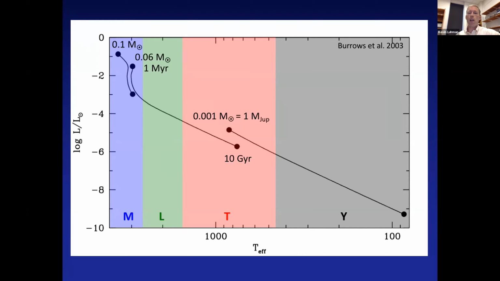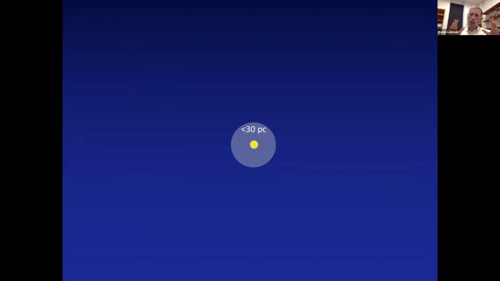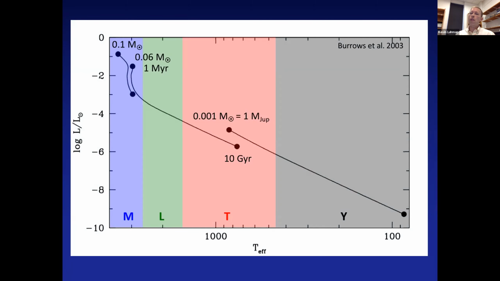The point of this diagram is that if you want to find brown dwarfs at very, very small masses, like maybe a few Jupiter masses, and you're looking for them when they're old, billions of years old, their luminosities are going to be extremely faint. In that case, you need to look in the solar neighborhood within about 10 or 20 or 30 parsecs. But the alternative is to look for them when they're young, because when they're young, they're still relatively luminous and warm.